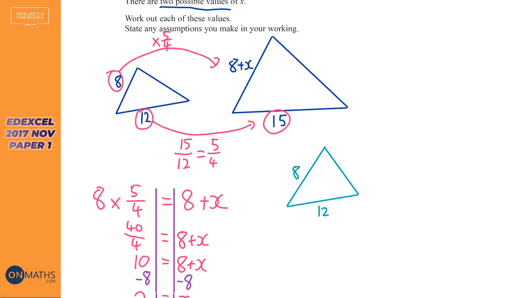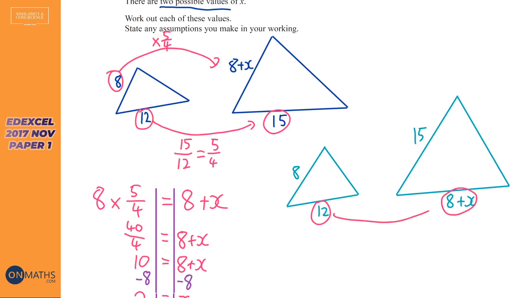But if I do the one on the right, kind of flipped over, because it absolutely could be flipped over. And so we have 8 plus x down here and the 15 here, and this time those are the ones that correspond, then we will get a different answer.